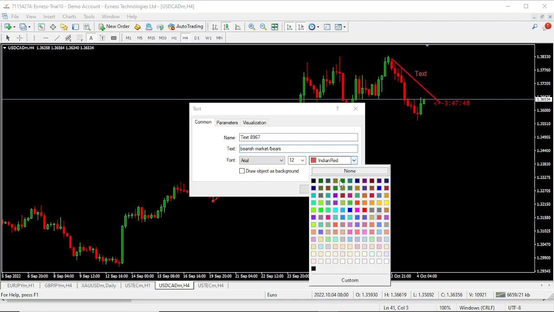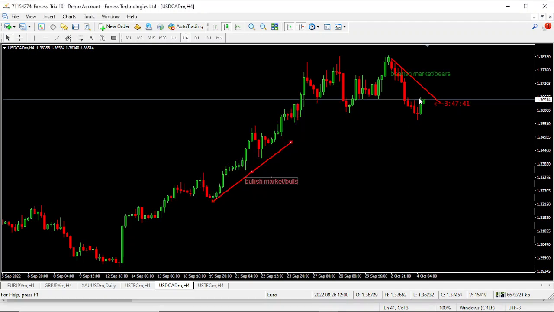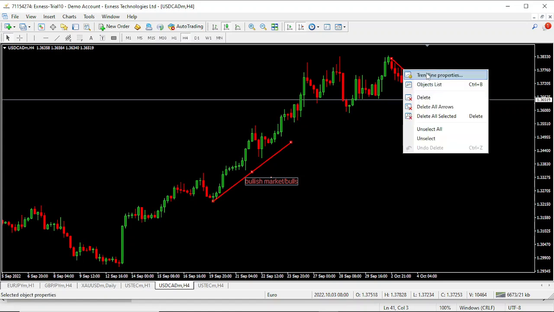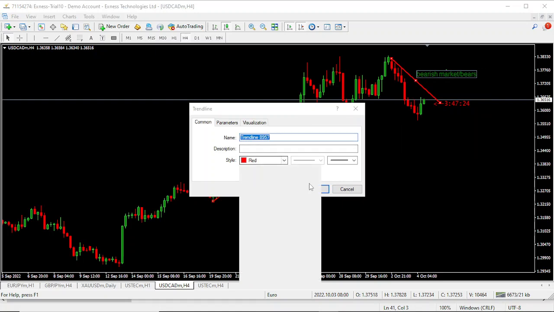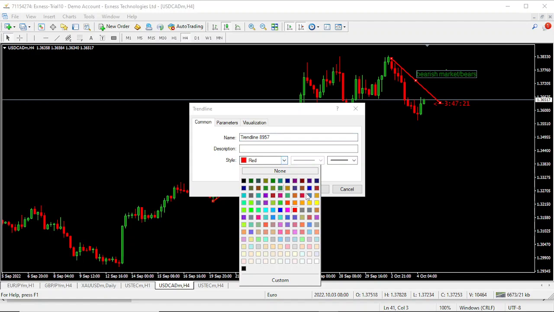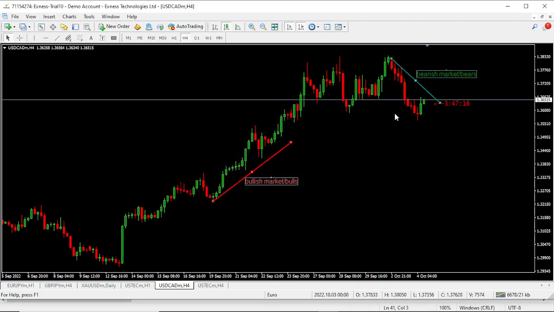So that is the difference between the bulls and the bears. I hope you can see the difference between the two.